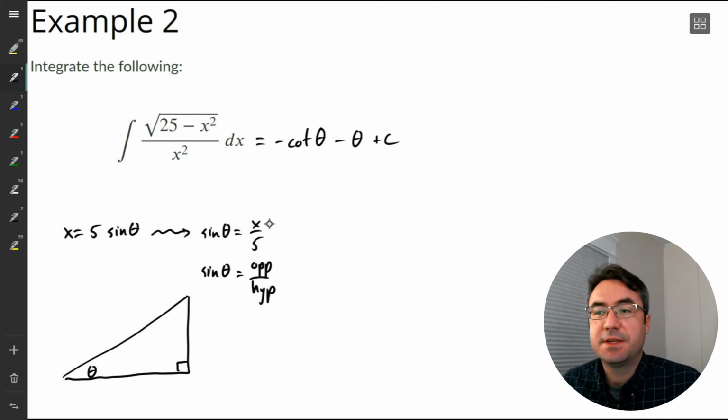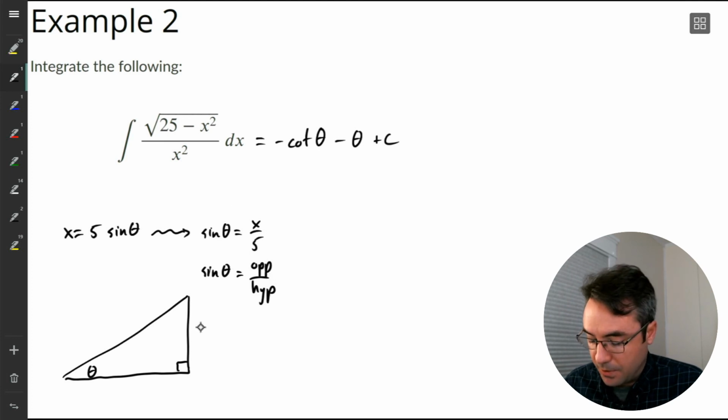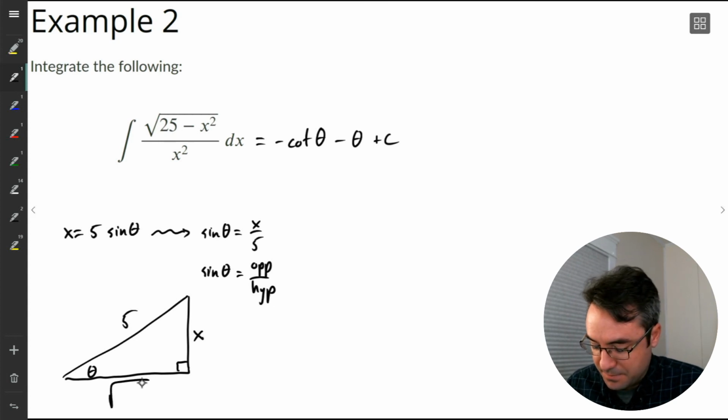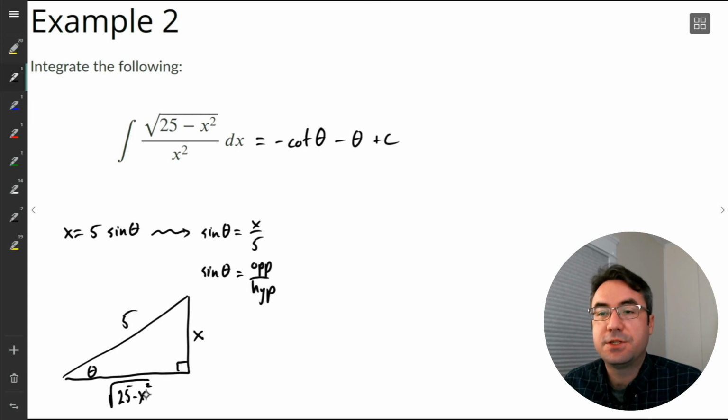So that means the opposite side has length x, and the hypotenuse has length 5, if we just compare these fractions. So our opposite side has length x, the hypotenuse has length 5, and what this means is the missing side, the one we don't have here, that's actually just our original square root term. So that's just the square root of 25 minus x squared.